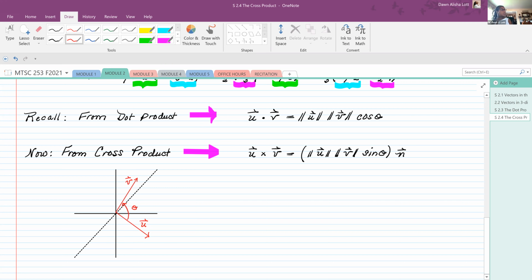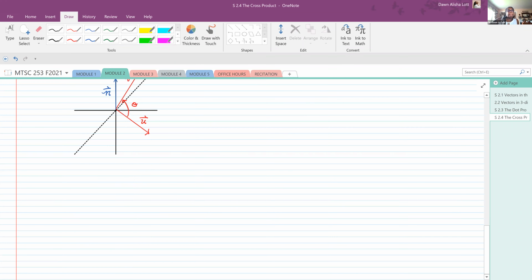And that is going to give a vector that is perpendicular to both of them, in that direction. Okay.